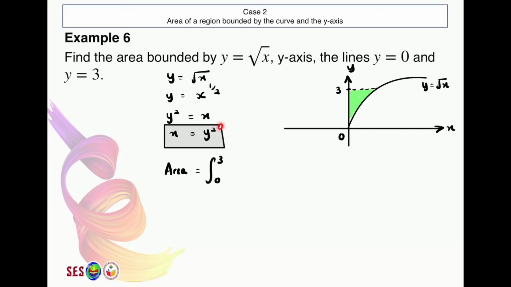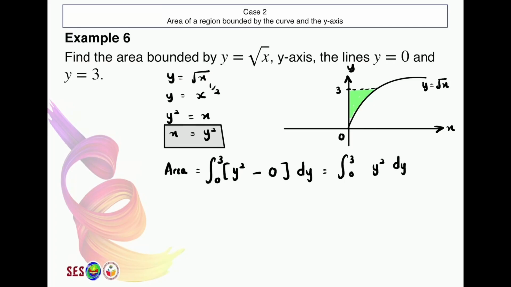So we'll take y squared, because this is x equals y squared, and this is x equals 0. At this point x is equal to 0, so we'll put minus 0. The whole thing we integrate with respect to y, so we put dy. We can rewrite, and it becomes the integral of y squared dy.